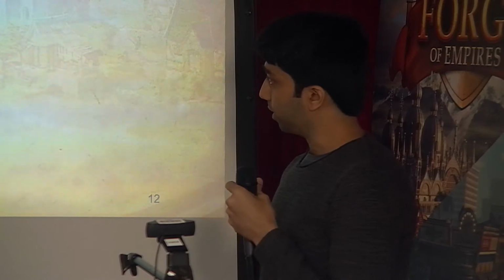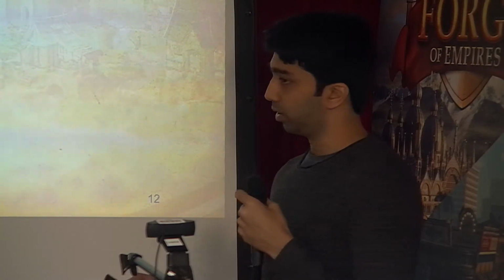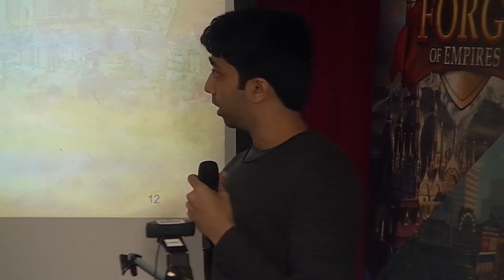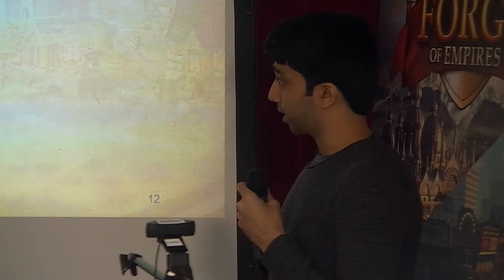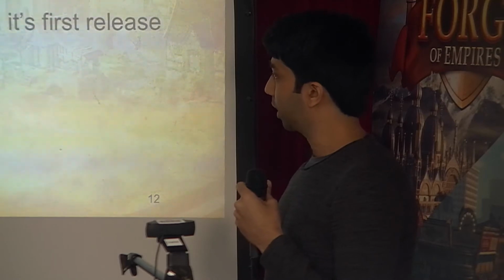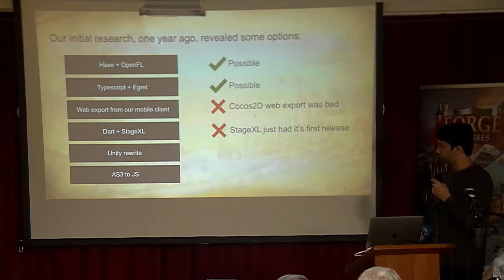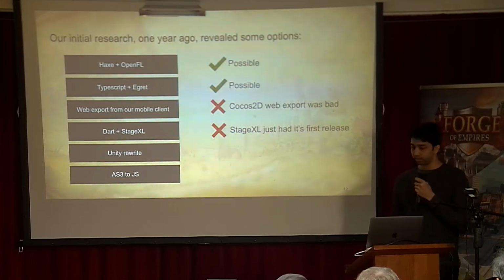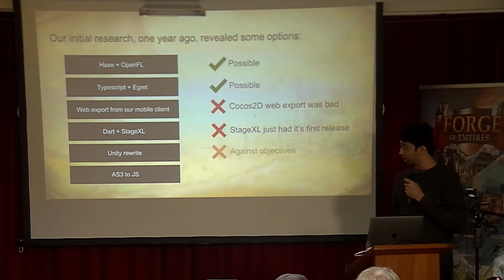So we took a look at these. Within the limitations and constraints that we'd set ourselves, Haxe and OpenFL looked like it was going to be feasible. TypeScript and Egret also looked feasible. The web export didn't, because the export from Cocos Studio wasn't so good. Like I said, StageXL was new at the time, so Dart and StageXL didn't look like an option for us.